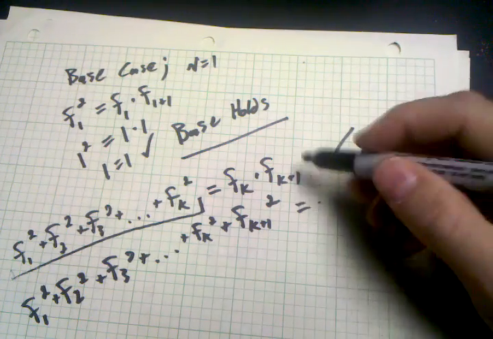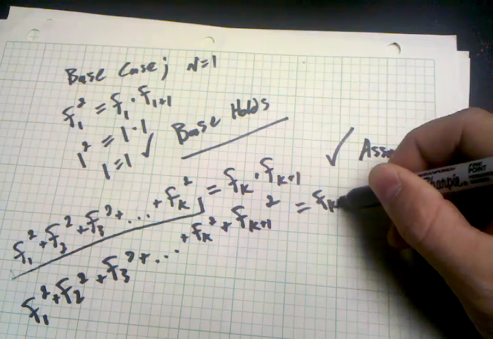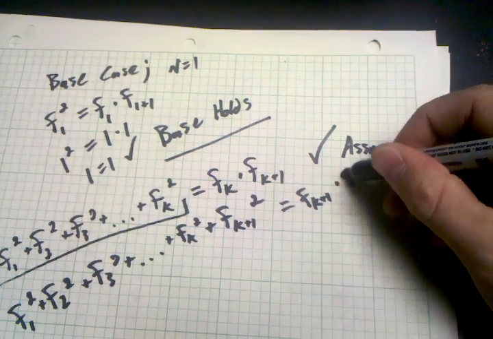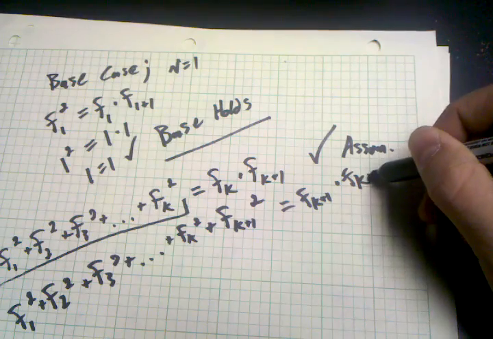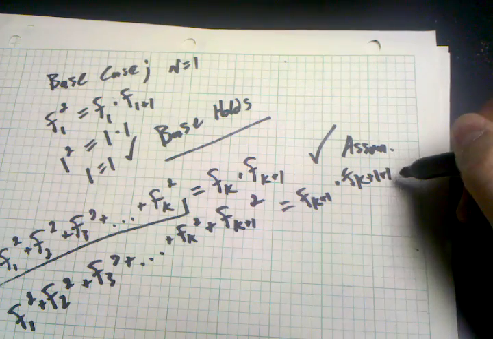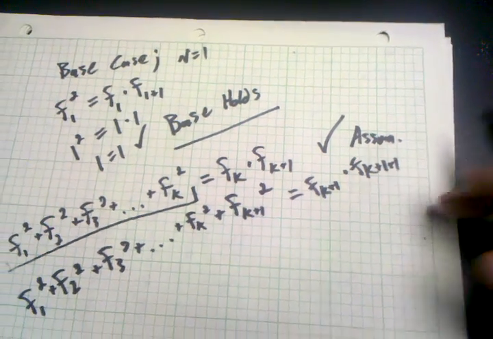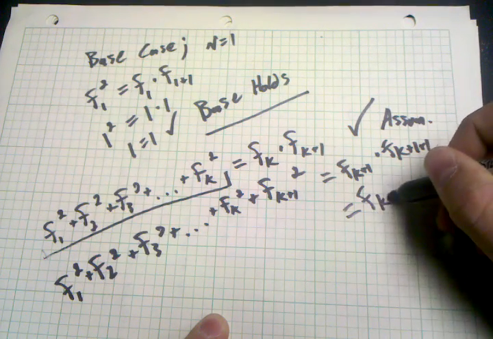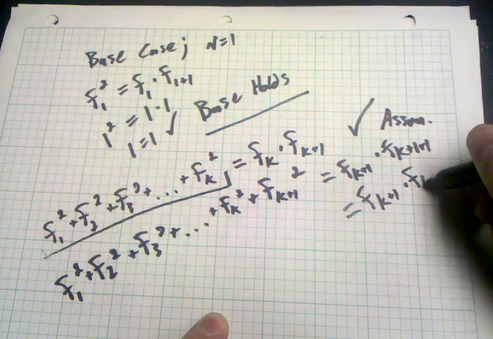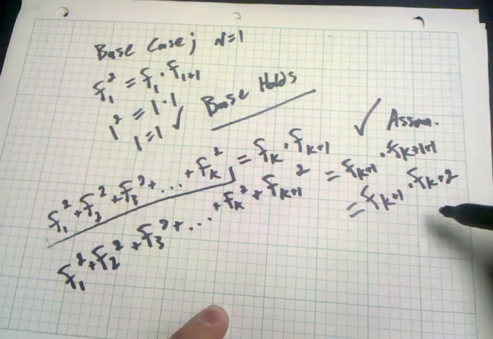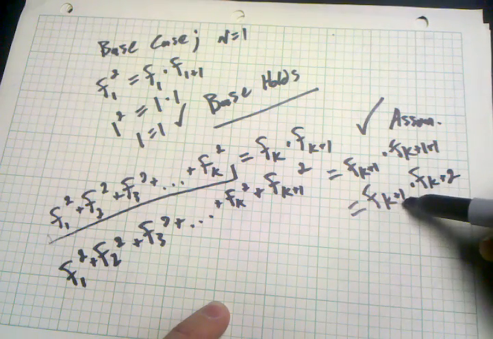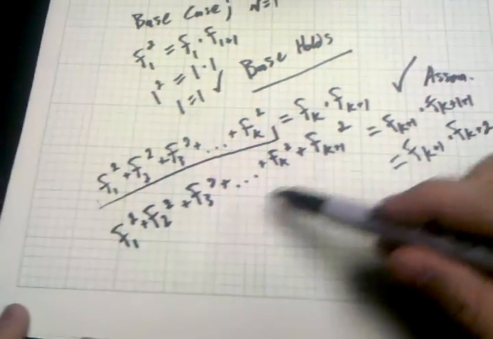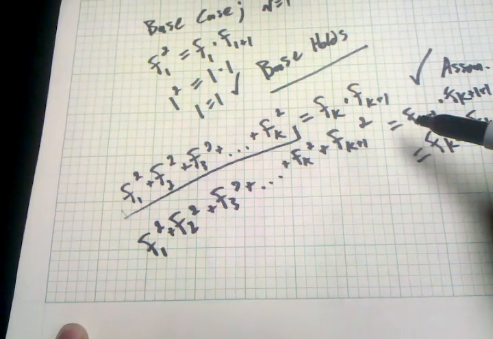That's equal to the one you stopped at, f sub k plus 1, times the next one, which would be f sub k plus 2. So that's equal to f sub k plus 1 times f sub k plus 2. So wherever k is, we go one more and multiply it times even one more than that, and that's what our first equation said.